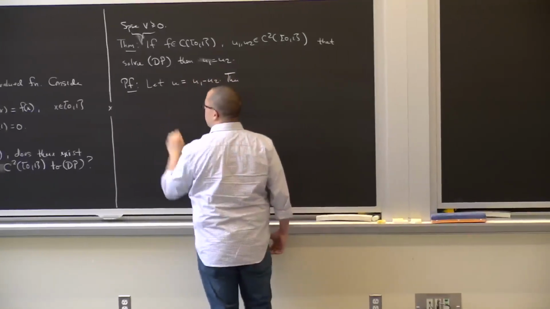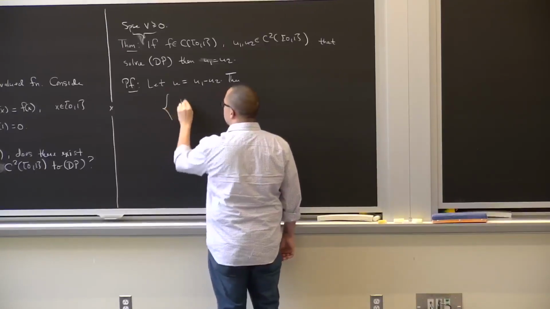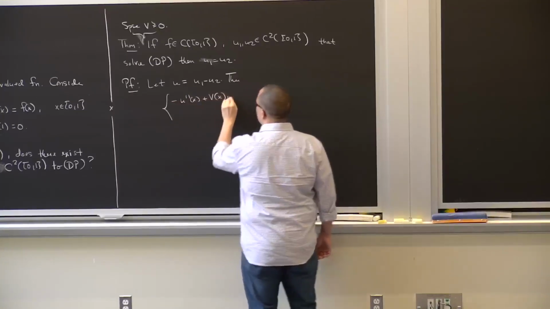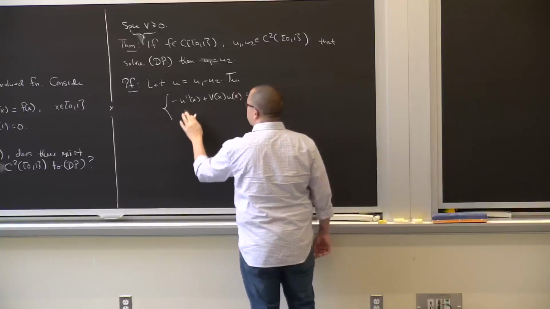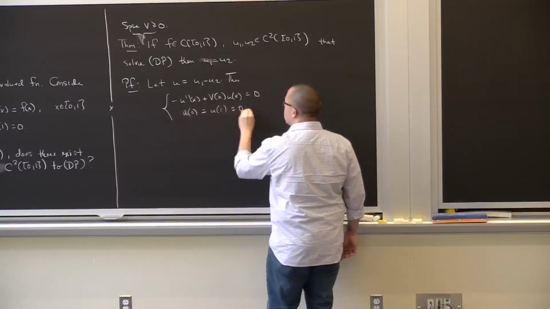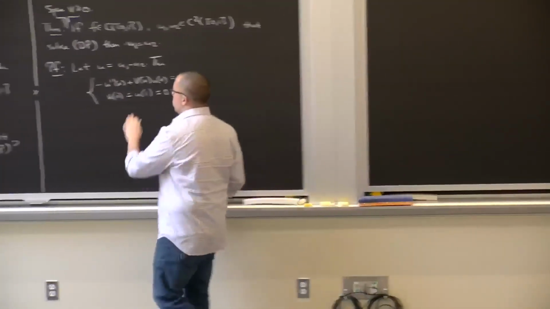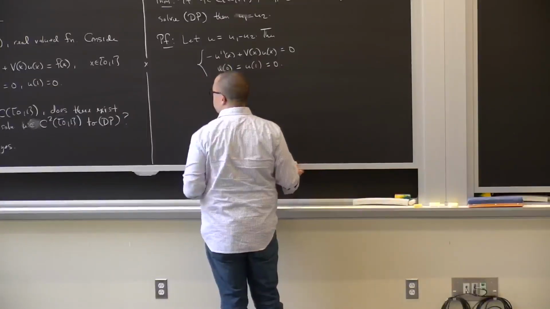Then u is a twice continuously differentiable function which satisfies minus u double prime of x plus V of x times u of x equals 0, and u of 0 equals u of 1 equals 0. Now what we'd like to conclude is that u is 0, and how we're going to do this is multiply this equation by something and integrate by parts.